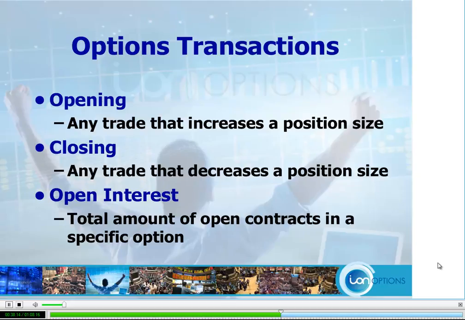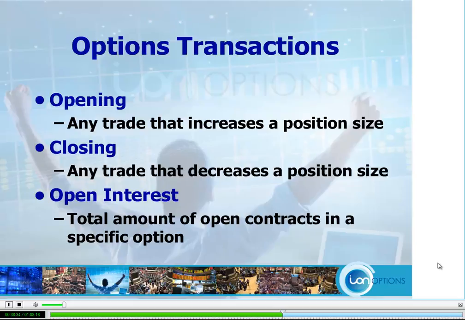If I started off selling, say I want to sell 10 June 55 calls, that is also an opening trade. You are initiating a position.